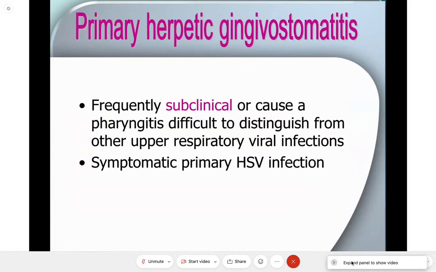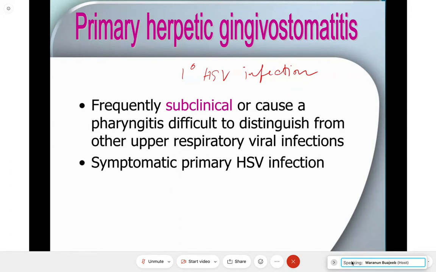For herpes simplex virus, either type 1 or type 2 can cause primary herpetic gingivostomatitis, or we can also call it primary herpes simplex virus infection. Most of these infections are subclinical, more than 90%.